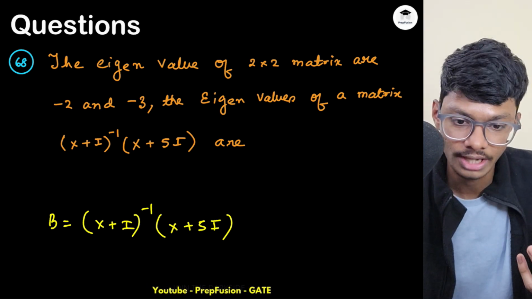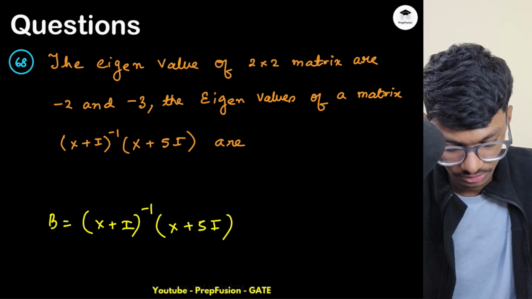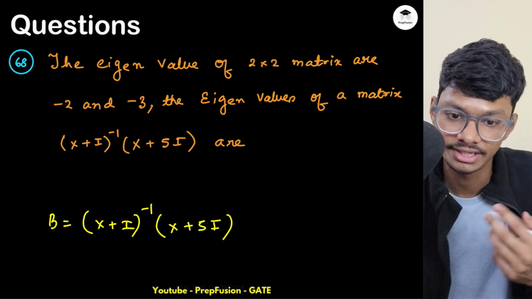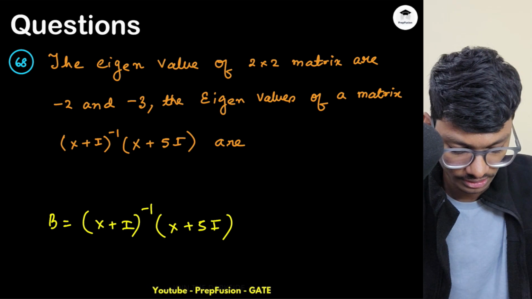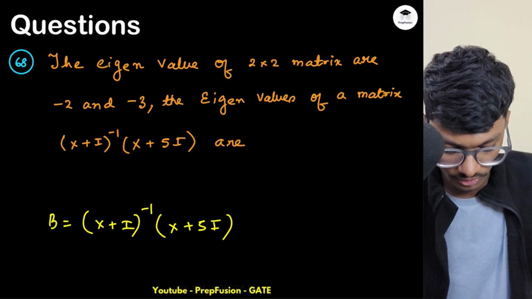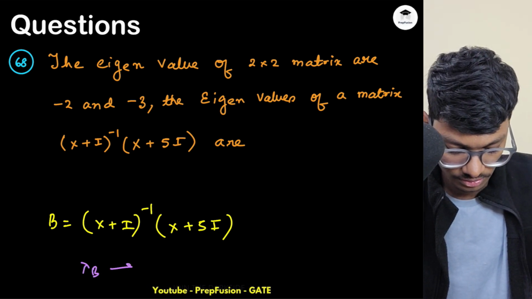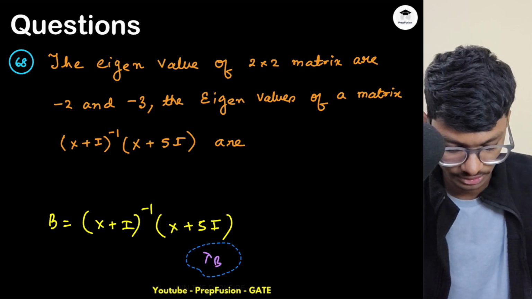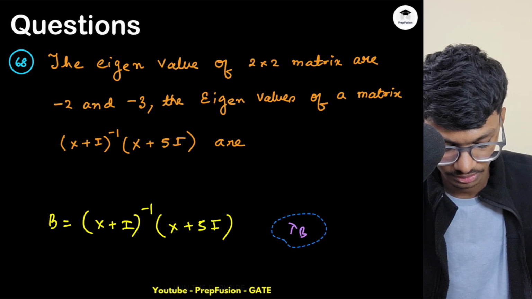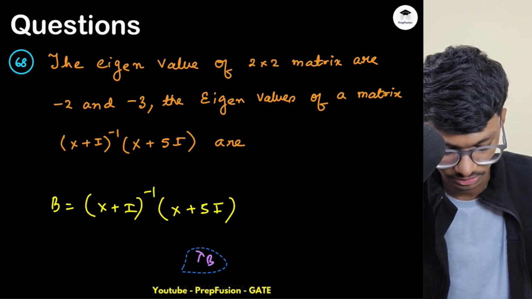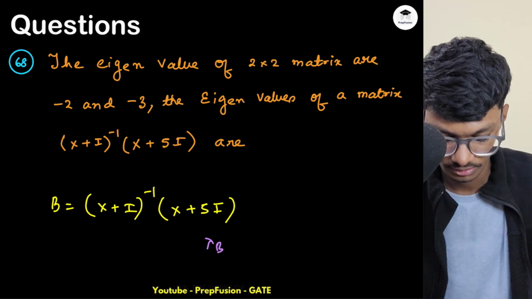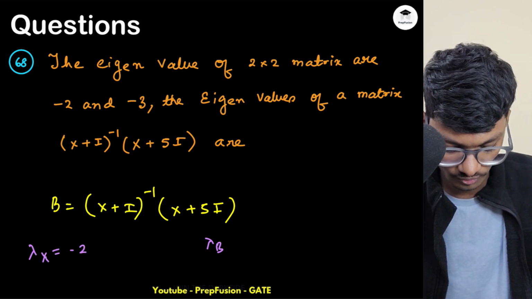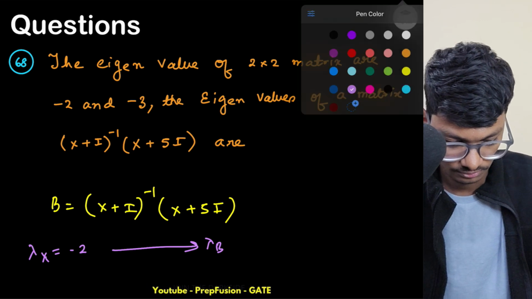Now what will be the eigenvalues of this matrix? Simply, you can use the Cayley-Hamilton theorem again. So you can put in the lambda again. So lambda B will be equal to what? Just hold on a second. So for lambda X equals minus 2, what is my lambda B?